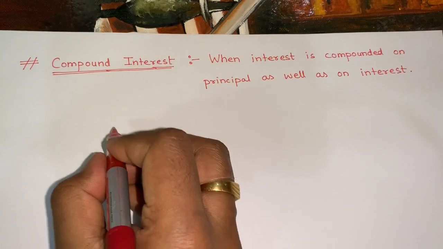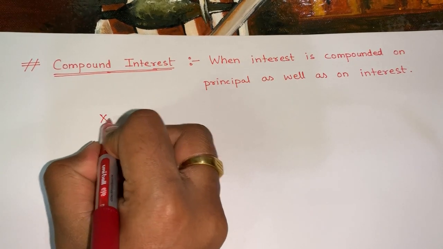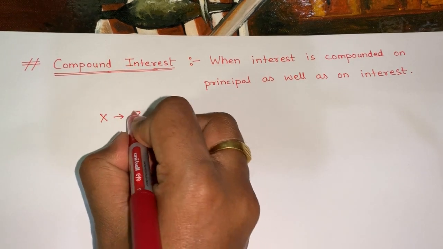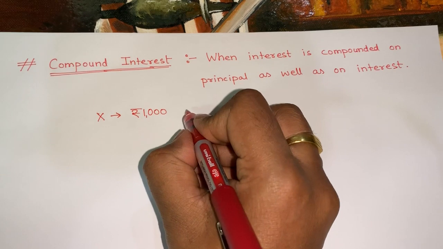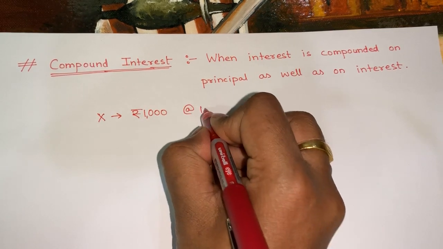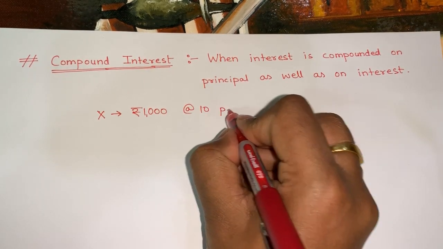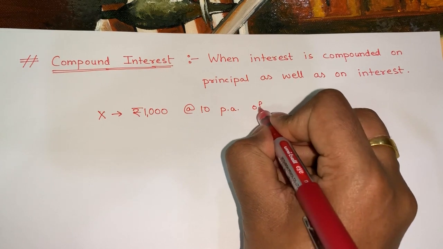Now let's assume Mr. X took rupees 1000 as loan and he was charged at the rate of 10% per annum on simple interest.